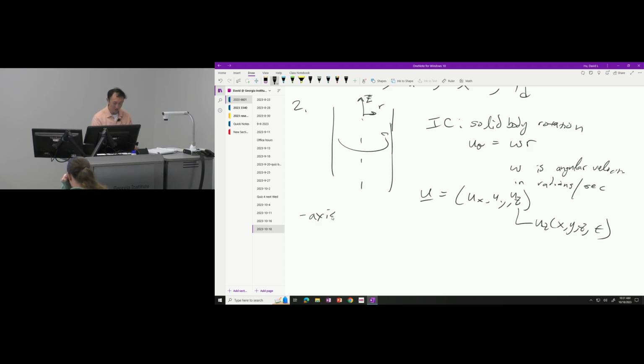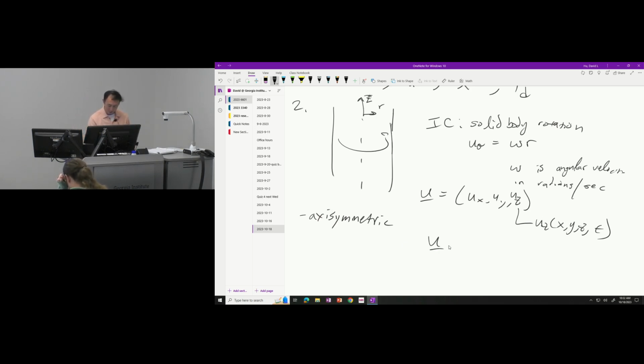First, it's axisymmetric. Axisymmetric means that I'm spinning it, and there's no particular direction for theta equals 0 or theta equals pi over 2 or whatever, because it was axisymmetric in the first place. So my velocity shouldn't depend on theta, because there's nothing that sets that direction.